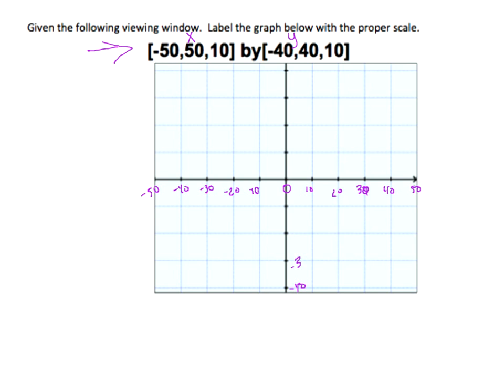This is negative 40, negative 30, negative 20, negative 10, 0, 10, and so on. Y'all get the gist, don't you? Y'all good? Dave's good? Taylor's good? LaToya, you all right? Yeah, okay. Very good.